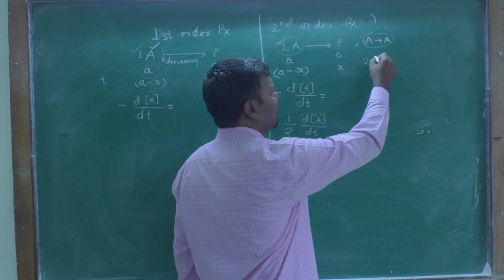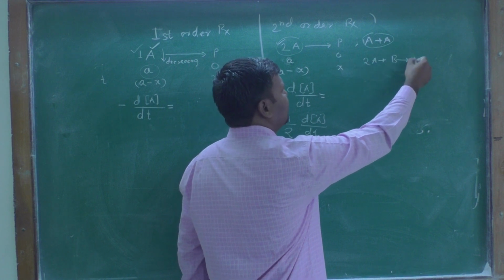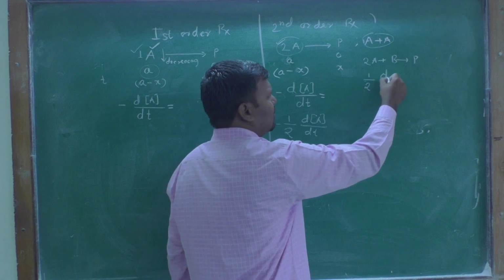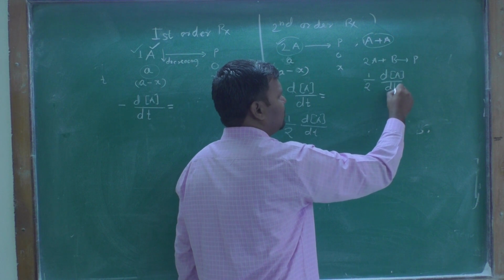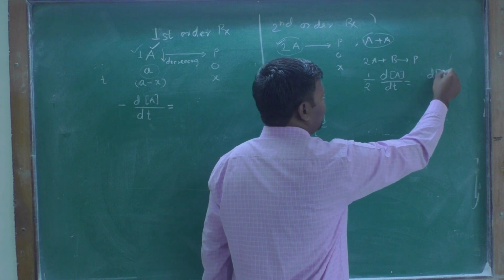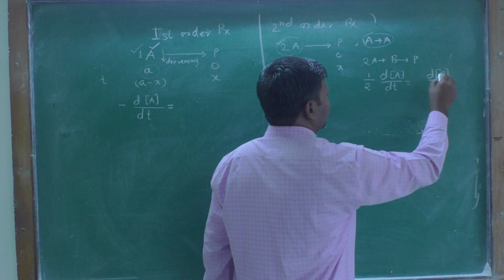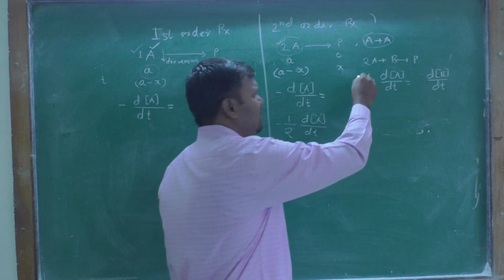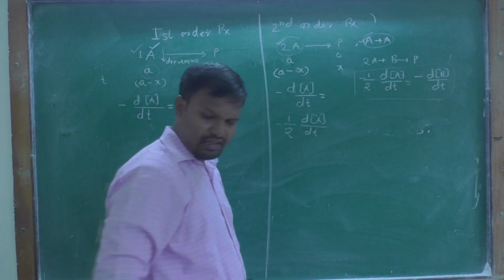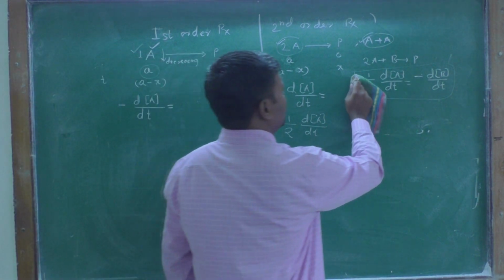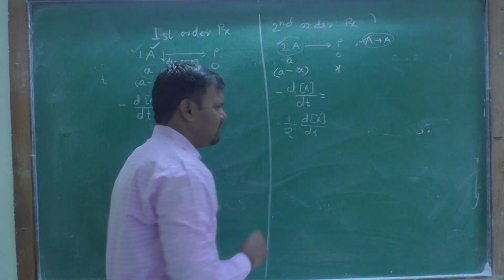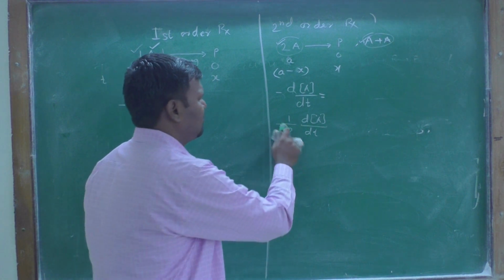Suppose you have 2A plus B, then you have to write its rate as 1/2 change in A upon dt equals change in B upon dt. In this case both quantities are the same, that's why we do not use the 1 by 2, that's why we wrote it like that.